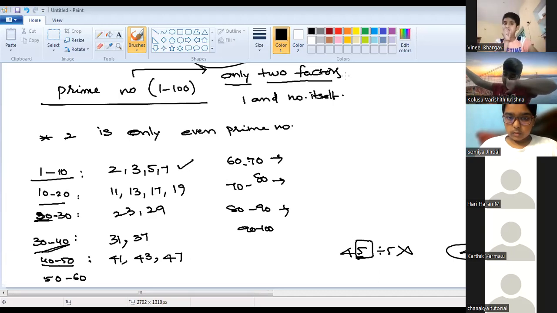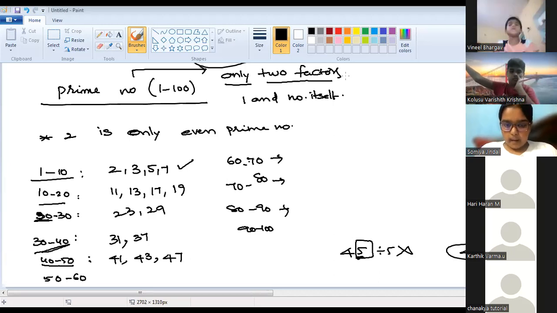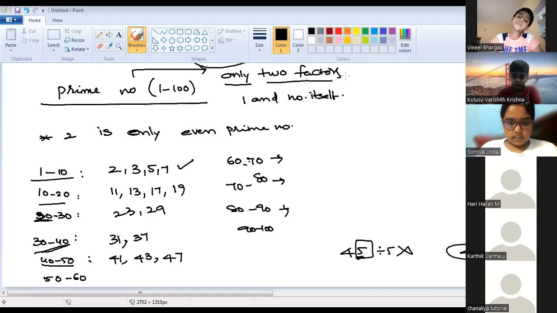Soumya sent till 19, okay. Vinil Bhargav sent 1 to 100. Akshara, 2, 3, 5, 7, 11, 13, 23. You forgot some numbers in the middle after 11, 13.